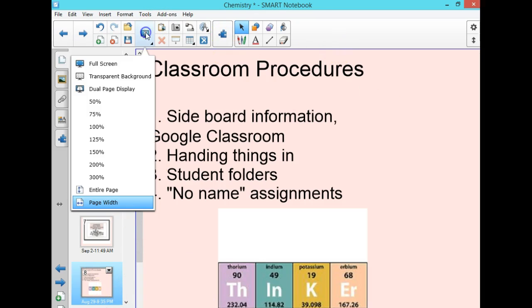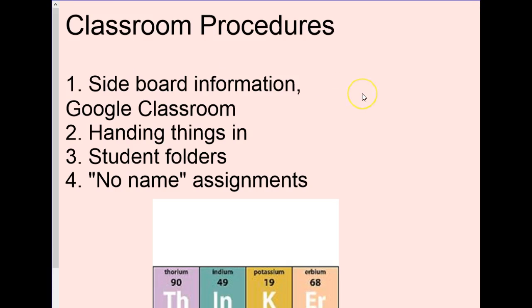Handing things in. Most of our stuff is going to be hard copy submissions. However, if you are away and you want to text me a picture of your worksheet, for example, you can use Remind, or you can upload it to Google Classroom and hand it in that way. You will have folders in this blue box by the telephone here.